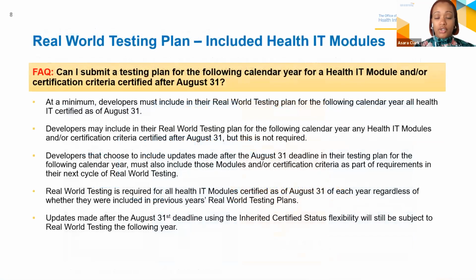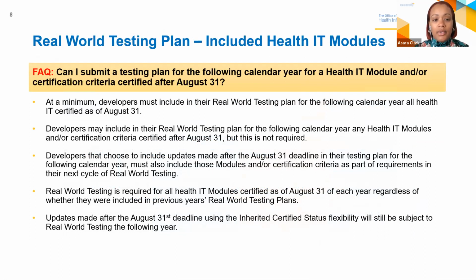So I would want to direct you there if you need additional information on that life cycle and the overlap. Now, we get an FAQ quite often where health IT developers wonder if they can submit a testing plan for the following calendar year for health IT modules that complete certification after that August 31st deadline.